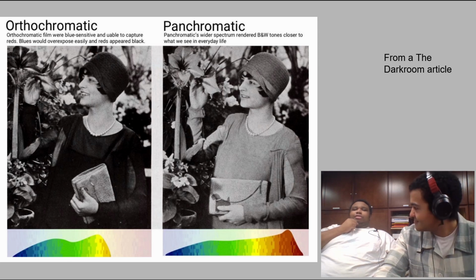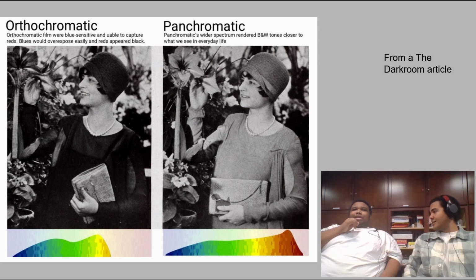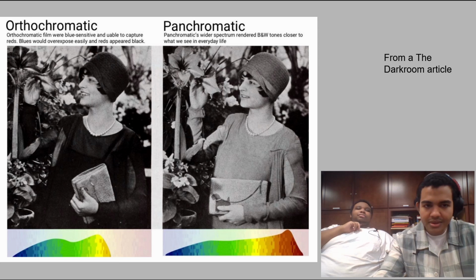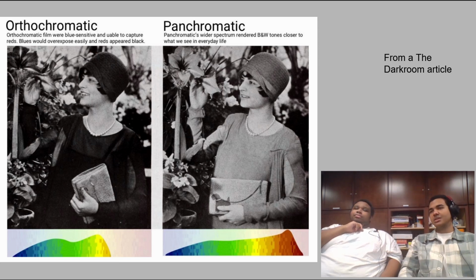Good invention. Do you think people at the time would switch back and forth for artistic purposes? Maybe. I mean, going back, the effect of orthochromatic film is probably the same as using a blue lens on the front. Wait, a blue lens would absorb blue?